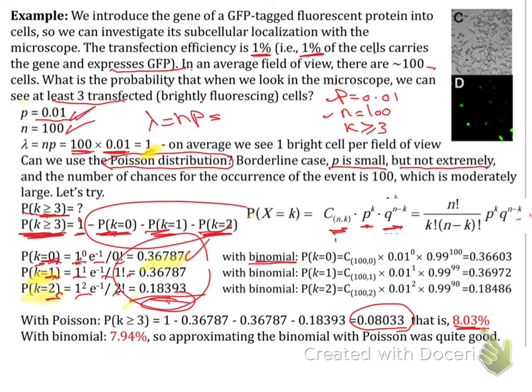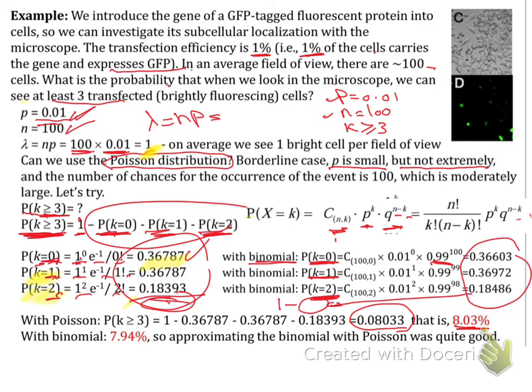I can get q, which is 1 minus 0.01, so it will be 0.99. I have p and I have q. I have n. I have k. So I use it for k equals 0, then k equals 1, and then k equals 2. I add all of them and say 1 minus the total which I got from here.